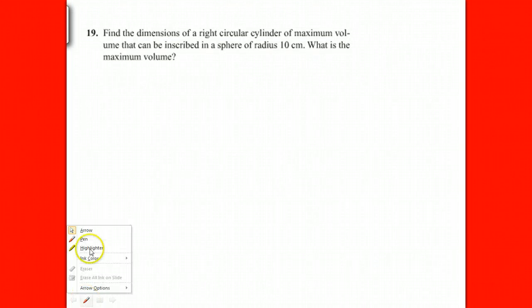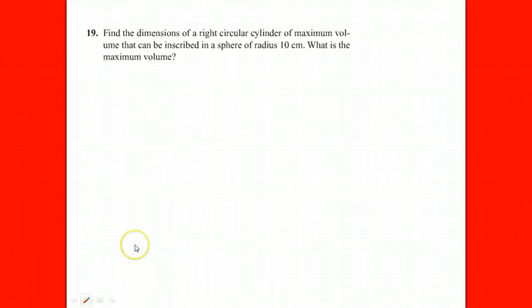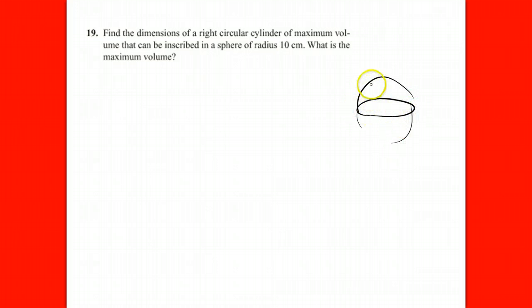If you're going to inscribe a cylinder inside of a sphere, here's my sphere, and then my cylinder will be put in such a way that they share the center. The center of the sphere will be like the center of mass of the cylinder, if everything was equally distributed.